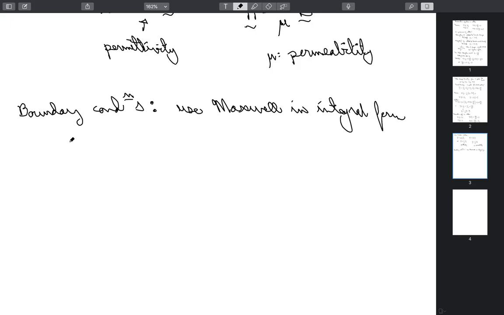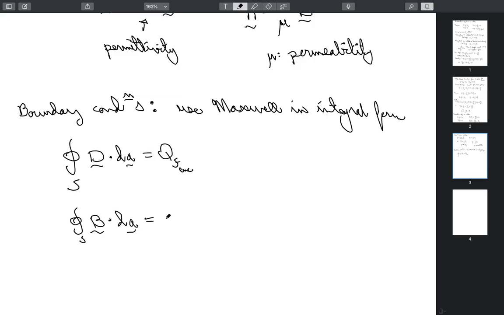For example, if I take the surface integral of D over a closed surface, that gives me the total free enclosed charge. If I take the integral over a closed surface of B dot dA, that simply gives me 0.